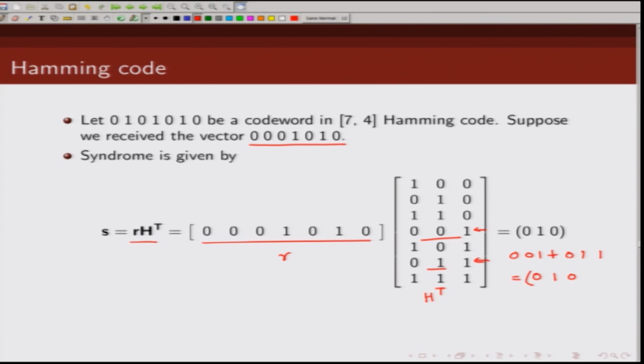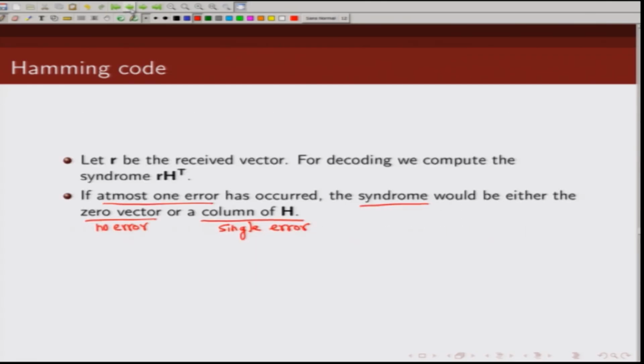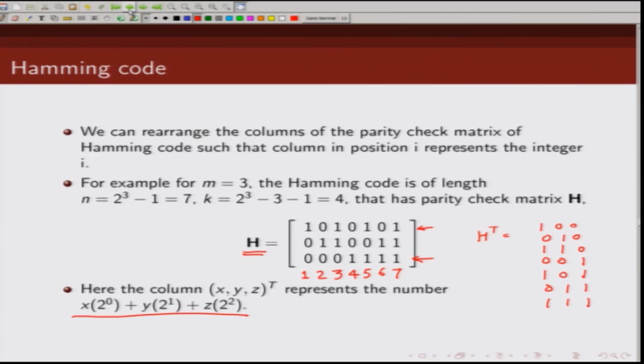So, my syndrome here is 0 1 0. Now, I go back and check which column is 0 1 0. If I go back to my parity check matrix, I notice that 0 1 0 is this second column of my parity check matrix, right.